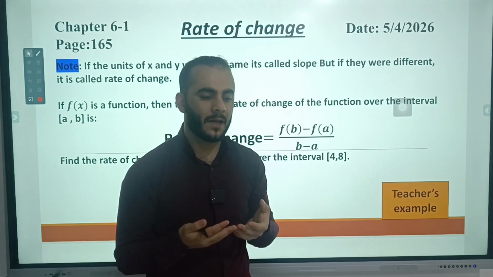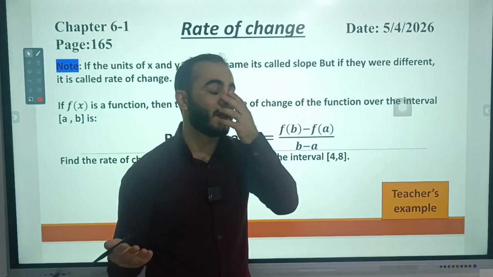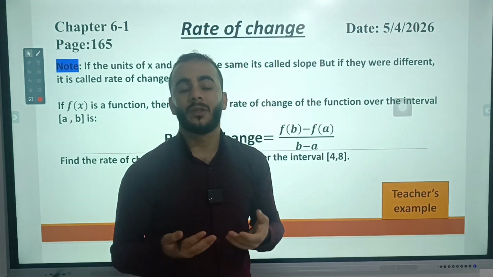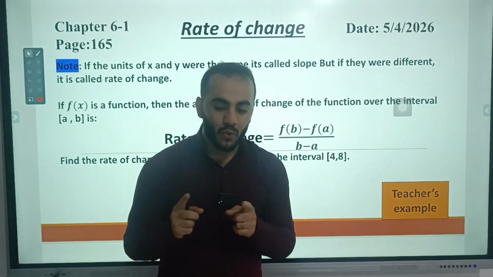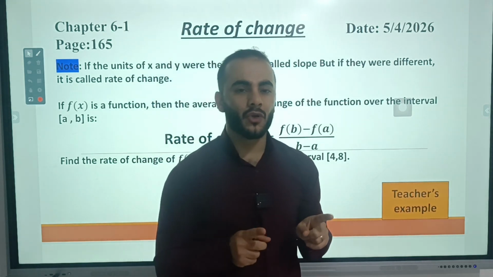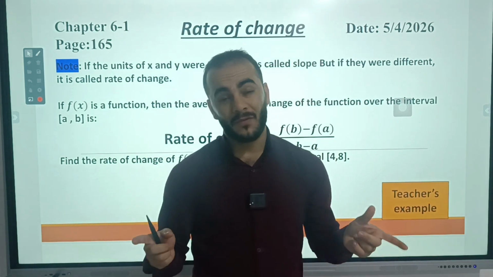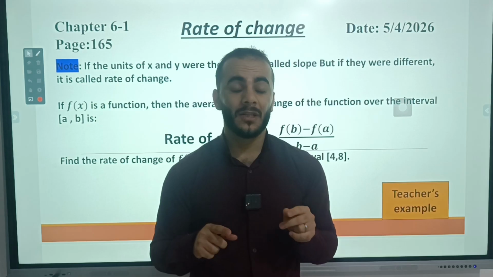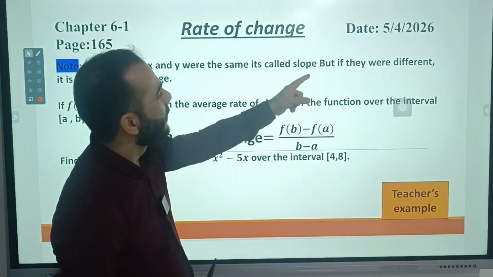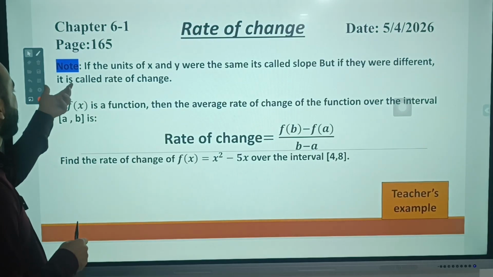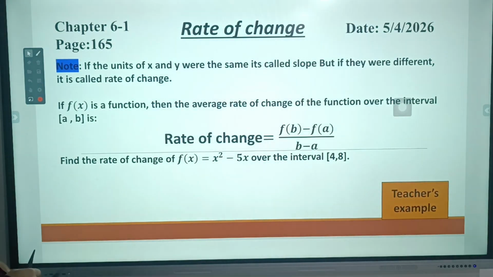The units are just meters or centimeters or kilometers, and the unit doesn't change. But if we have two quantities, where one of them changes over the other one with different units, in that case we need to use rate of change. Perfect. If the units are different, it's called rate of change.